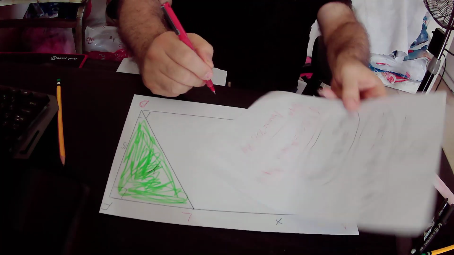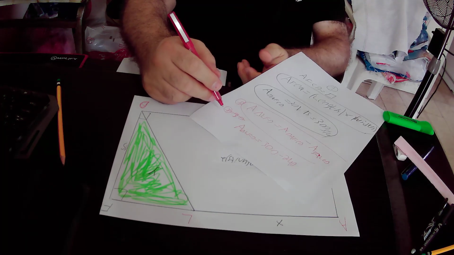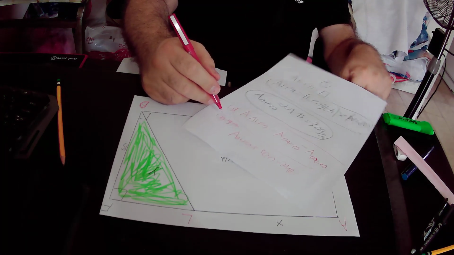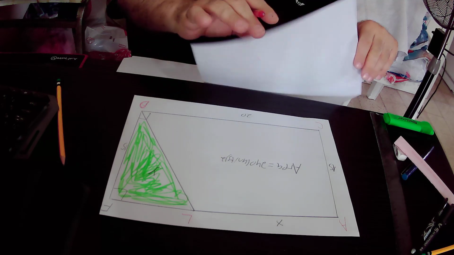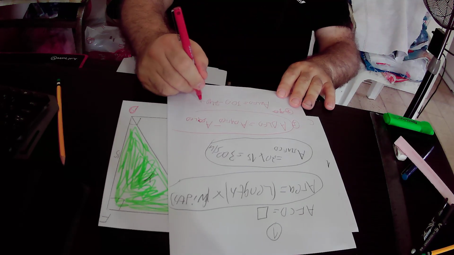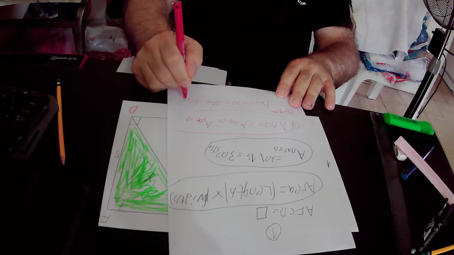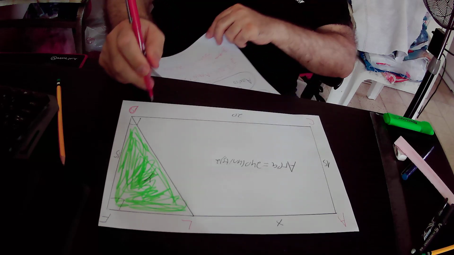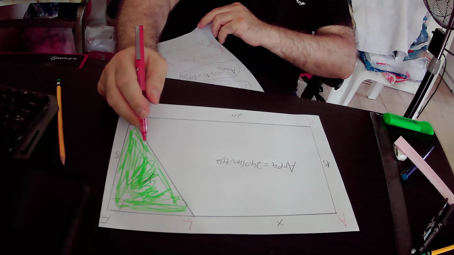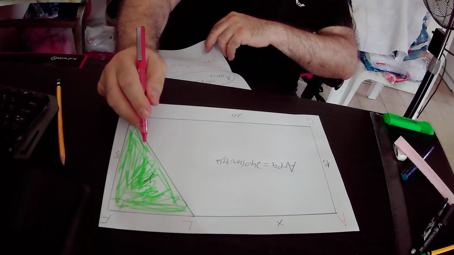So 300 minus 240 equals 60 units squared. So actually the area of the green right triangle equals 60 units squared.